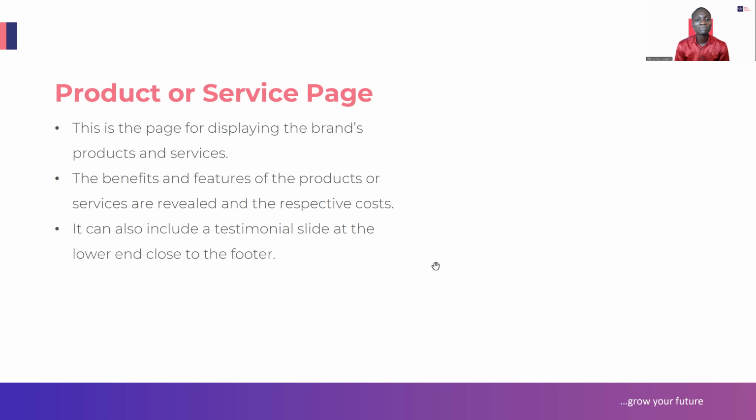The product page or the service page can be renamed based on the type of organization you are building the website for. For instance, at After School Academy, our service is basically course creation, so our service page is not titled service or product. We titled it course list or something related to that.